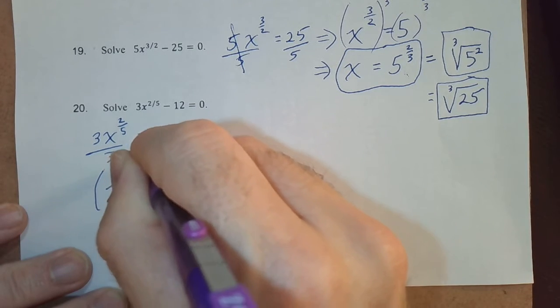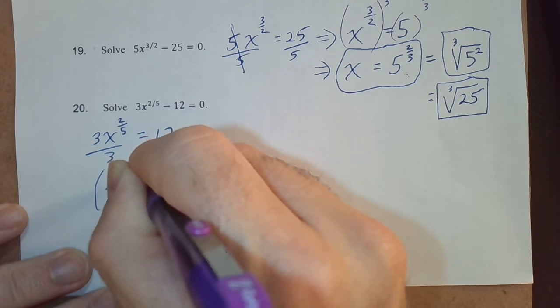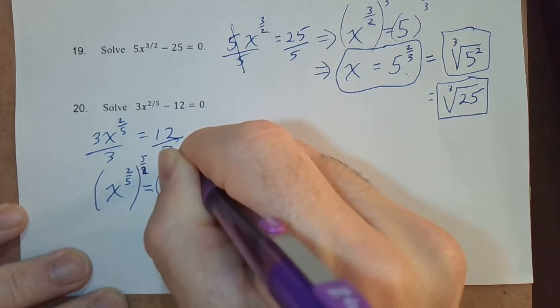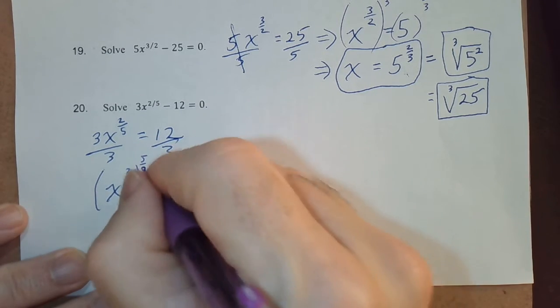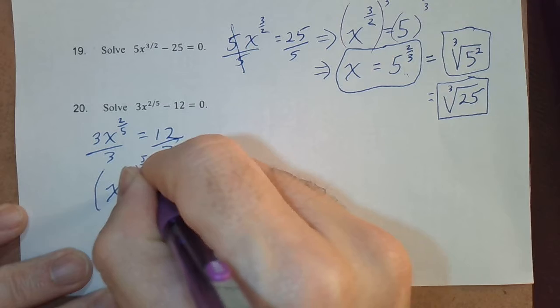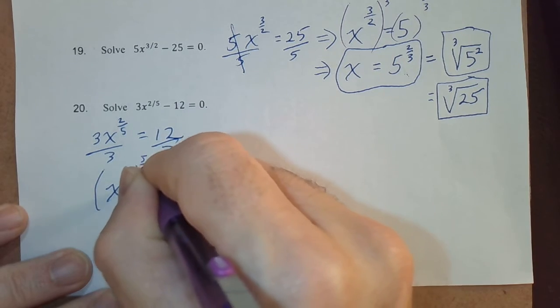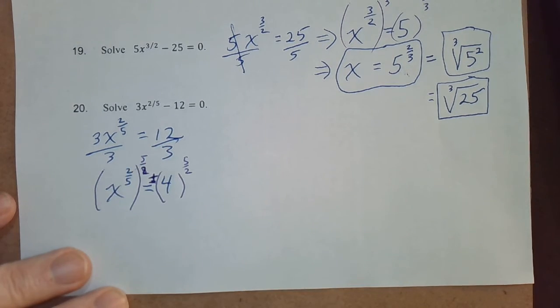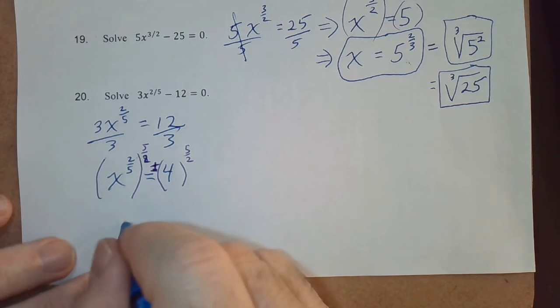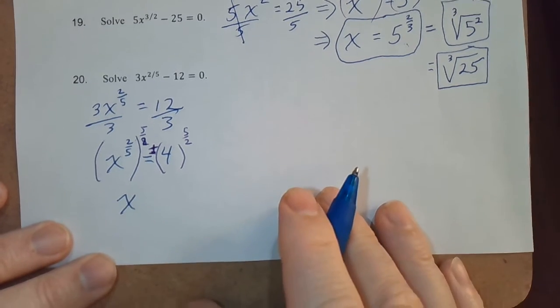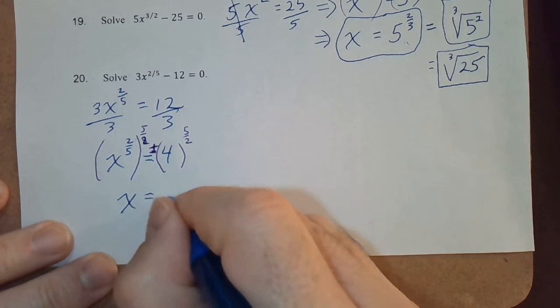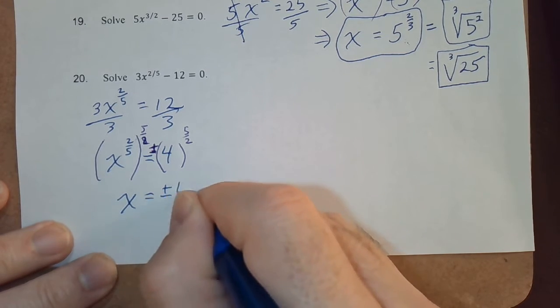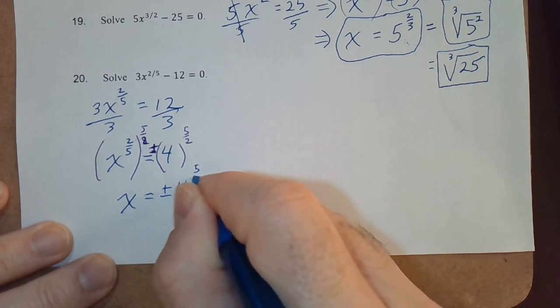So the reciprocal of 2 over 5 is 5 over 2. And I need to squeeze the plus or minus in there. This gives us on the left, x by itself, equals plus or minus. Let me write it out again a little more clearly.